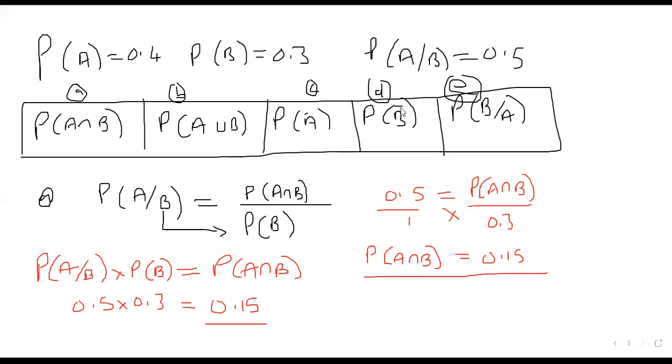All right. Then let's go to A union B. Who remembers the formula for A union B? A union B is given by what? It's a most faithful formula which doesn't change.